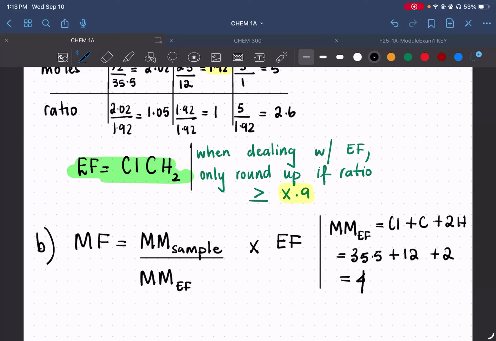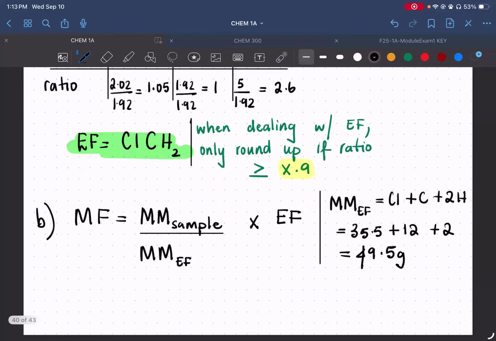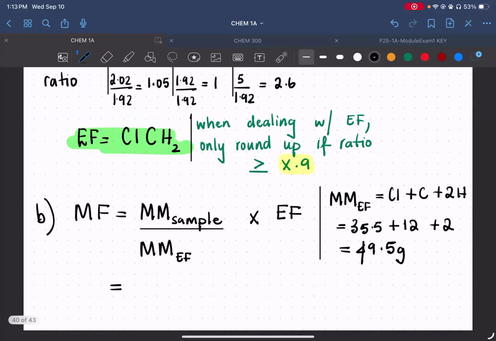This is equal to 49.5 grams. The molar mass of the sample is 100. The molar mass of the empirical formula is 49.5. And the empirical formula itself is ClCH2.